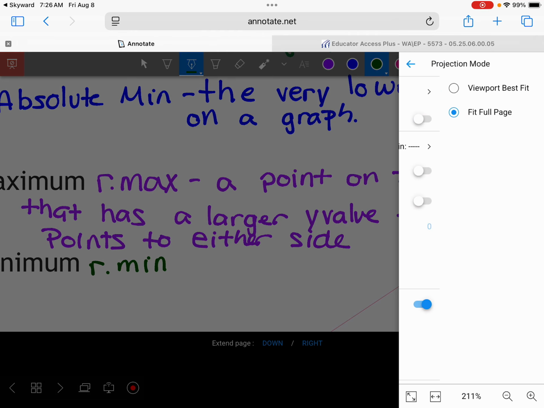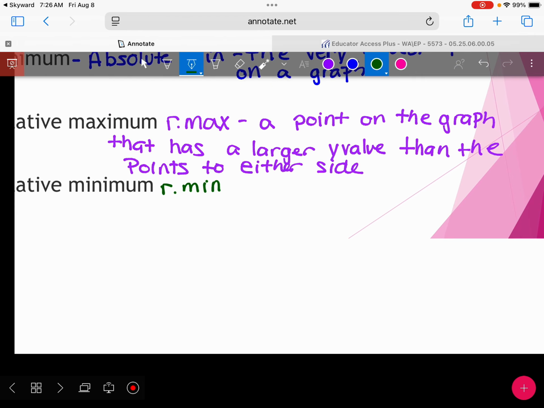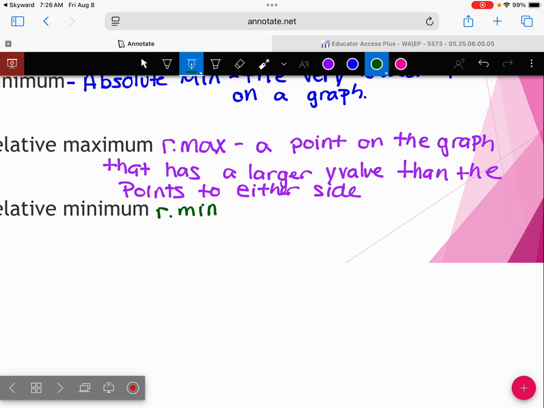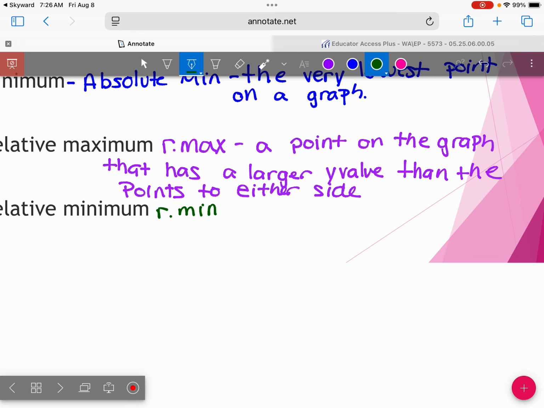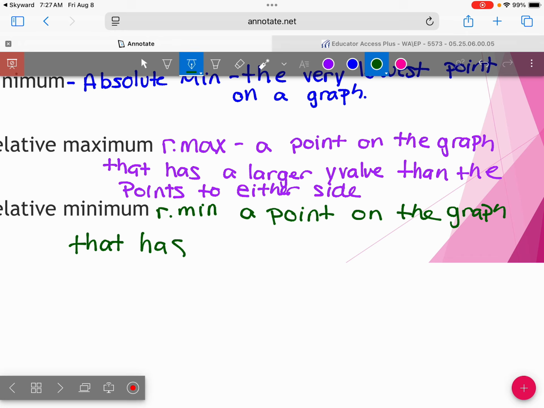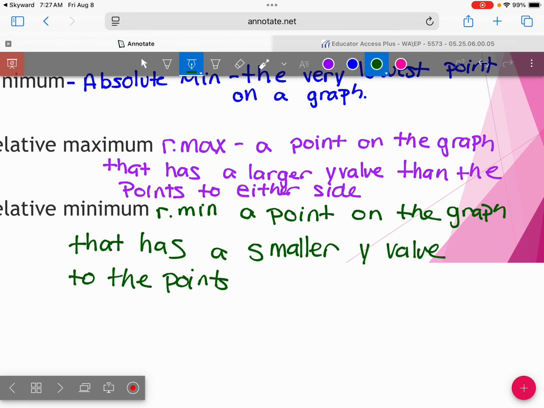Our relative minimum is a point on the graph that has a smaller y value to the points on either side.